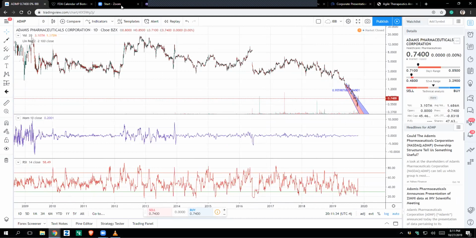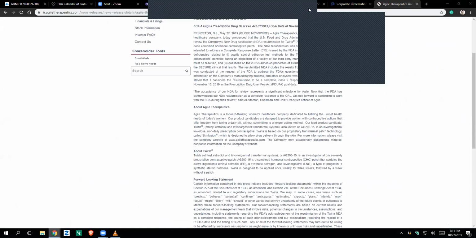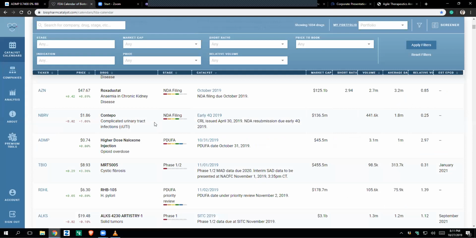Yeah, high dose naloxone. I don't think it's really a very big unmet need. Naloxone is widely available. So anyway, this ADMP, I'm going to stay away.